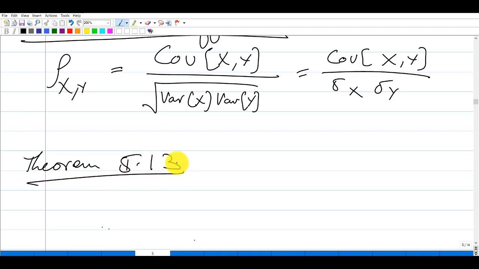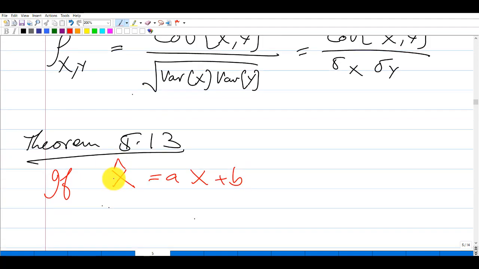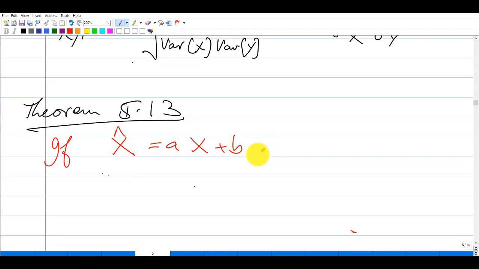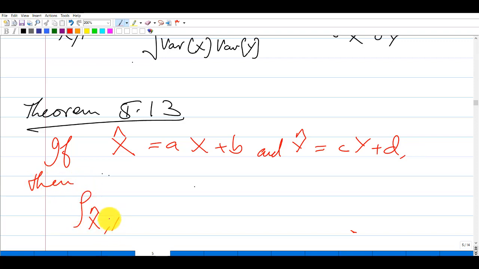Theorem 5.13 says that if x hat is equal to ax plus b, which is some other random variable, and y hat is equal to cy plus d, then rho of x hat y hat will be the same as the correlation coefficient rho of xy.